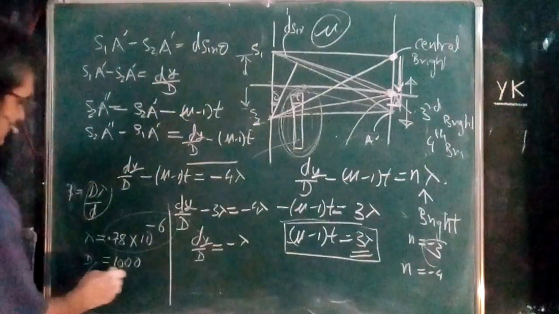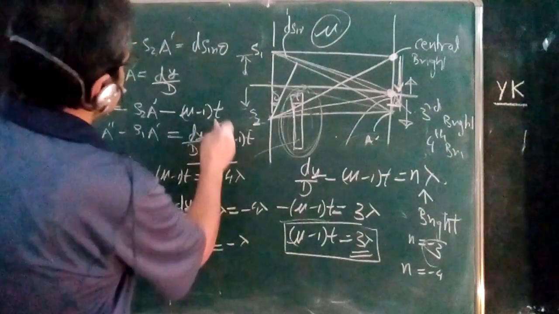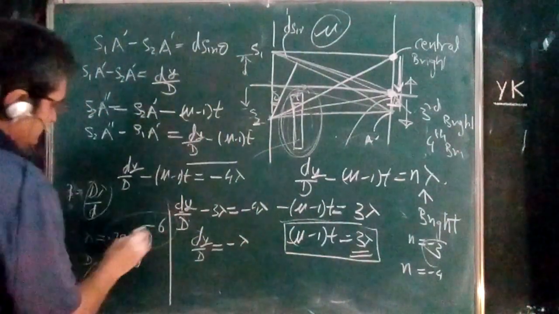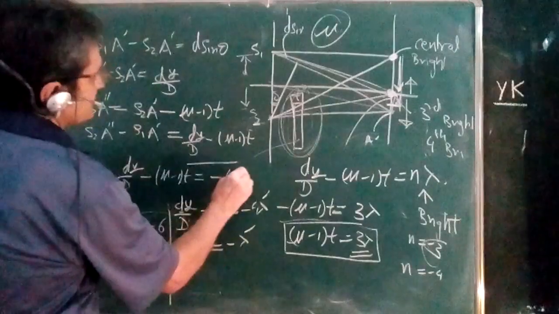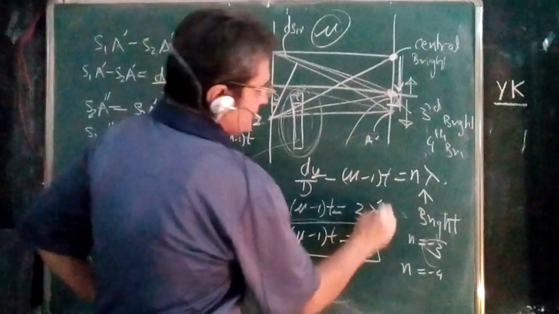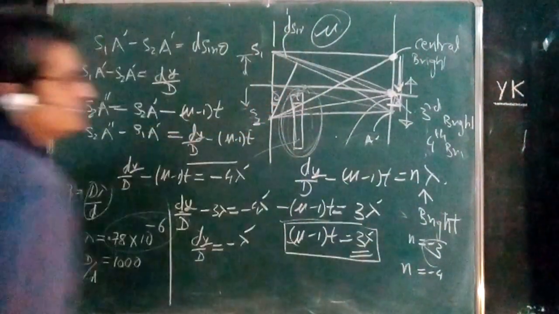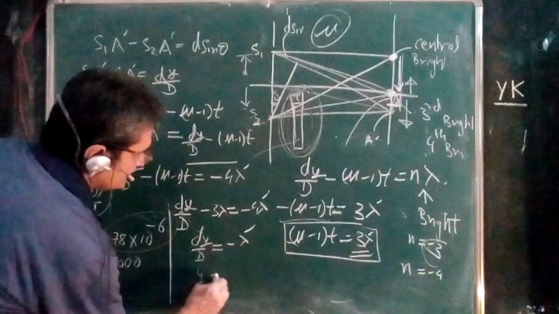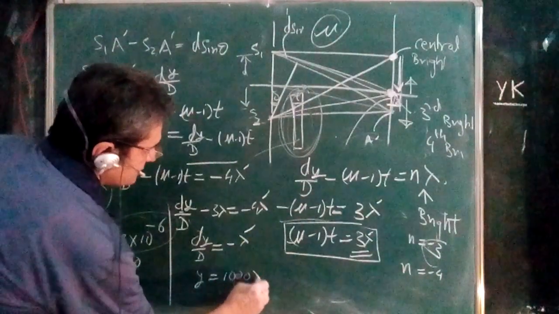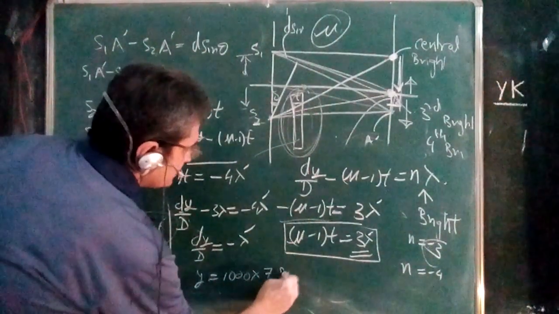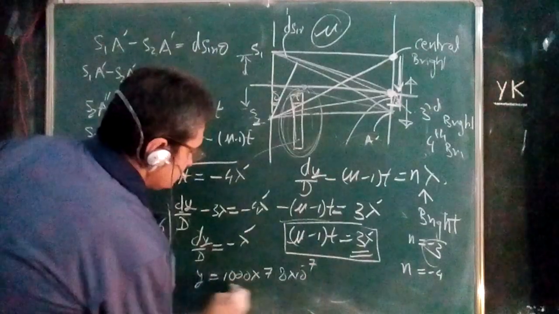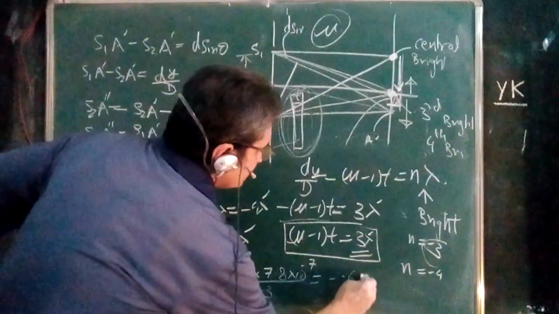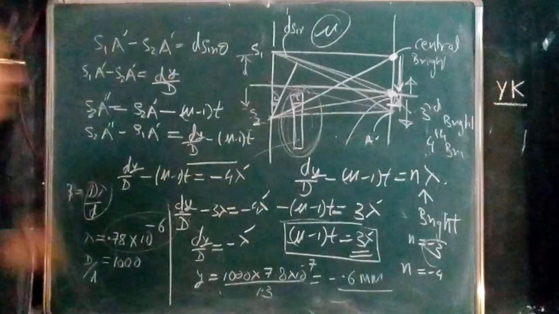D upon d is 1000, and lambda, actually it is lambda dash. Lambda you have to take by dividing the given lambda by mu. Please note it will be lambda dash everywhere because it is the wavelength divided by the refractive index. So when you solve it, y is equal to 1000 into 7.8 into 10 to power minus 7 divided by 1.3, you get minus 0.6 millimeter as the answer.